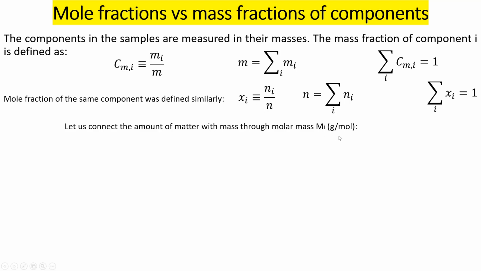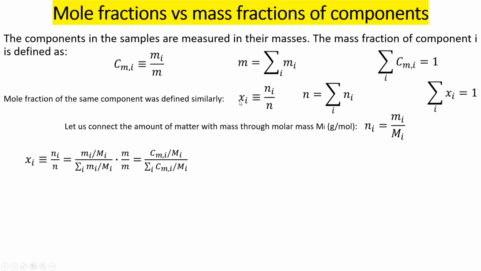And the easiest quantity is actually the molar mass, because you remember this equation. We had it several times during the previous lectures, which tells us that the amount of matter of component i is nothing else than the mass of this component divided by its molar mass.